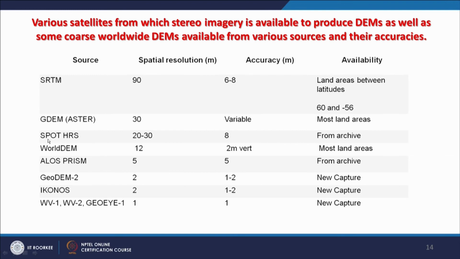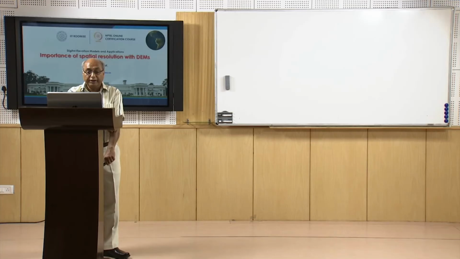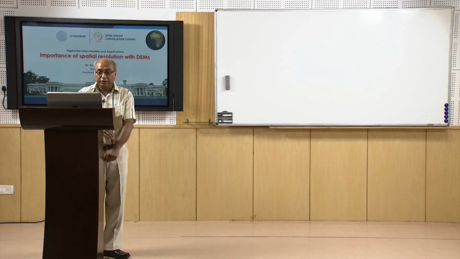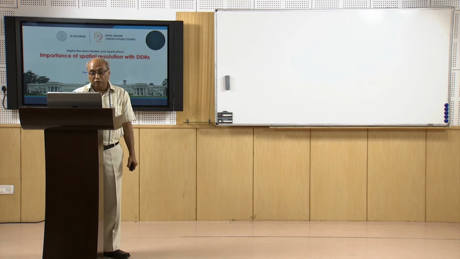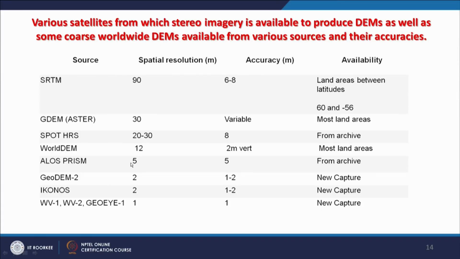And the same is with the SPOT HRS, and though ready-made digital elevation models are not available, if we derive digital elevation models using, say, 20 meter, 30 meter resolution data, we can achieve about 8 meter accuracy. Then World DEM, ALOS PRISM can provide a relatively very high spatial resolution so far, and a very high accuracy as well.